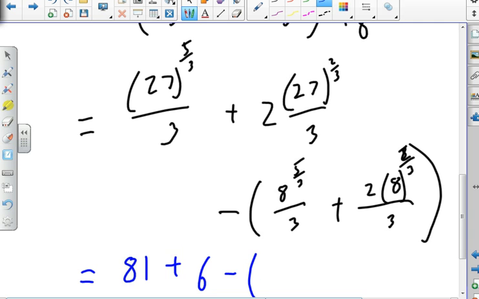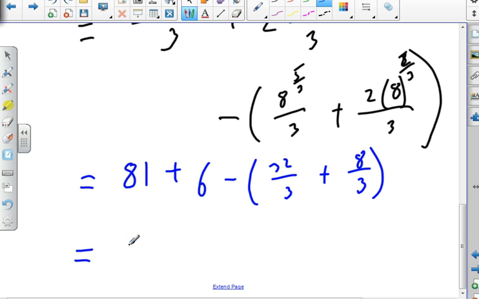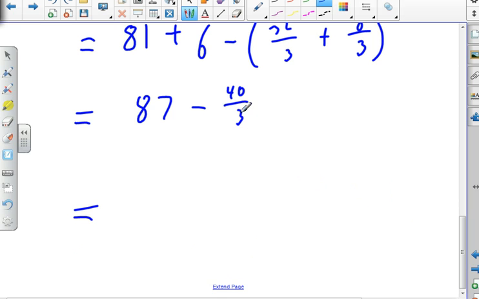Minus, the cube root of 8 is 2, 2 to the fifth is 32, so it'd be 32 over 3 plus 4, 8 over 3. That's 87 minus 40 over 3, which is 13 and a third.